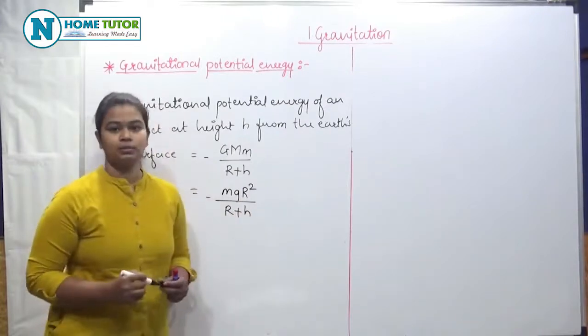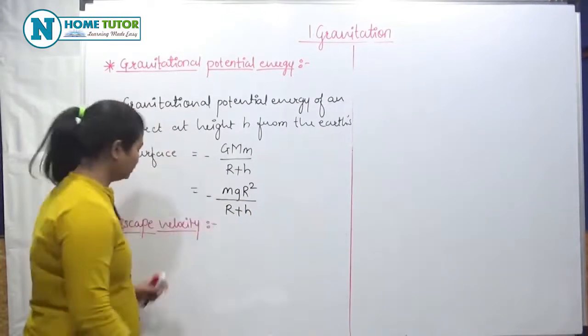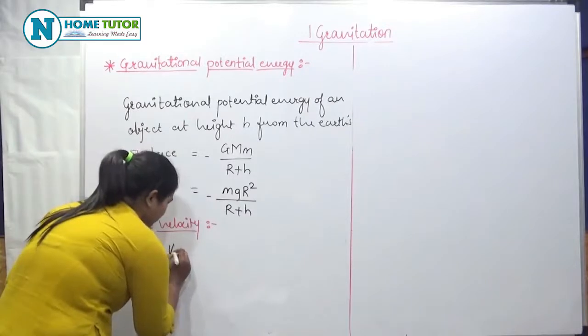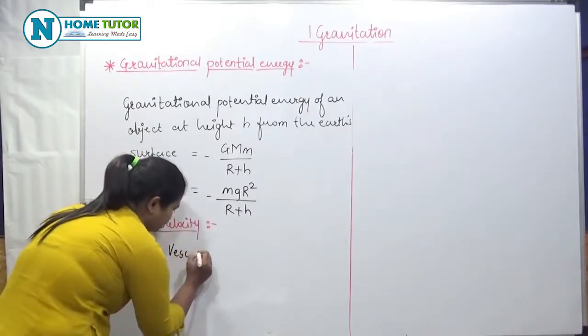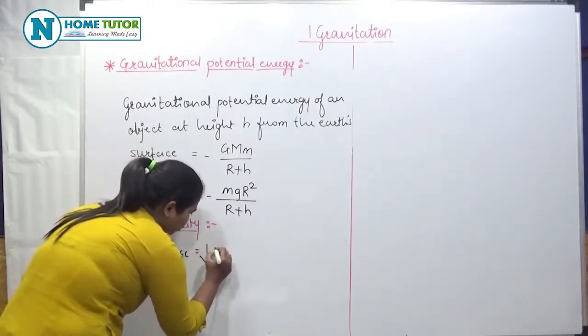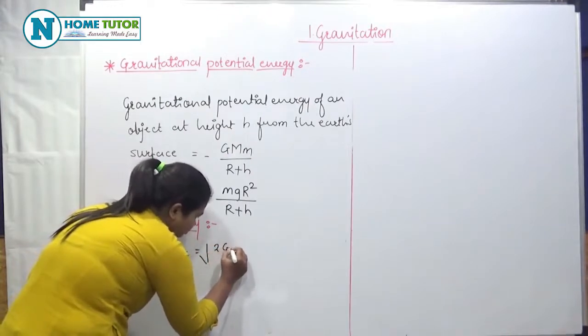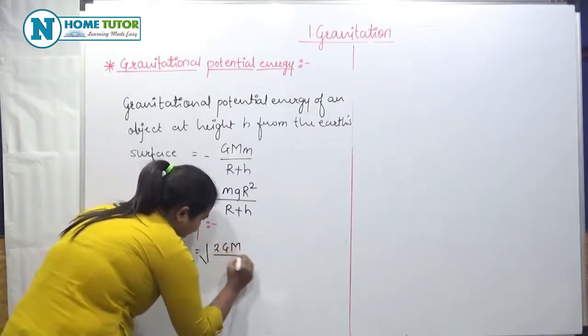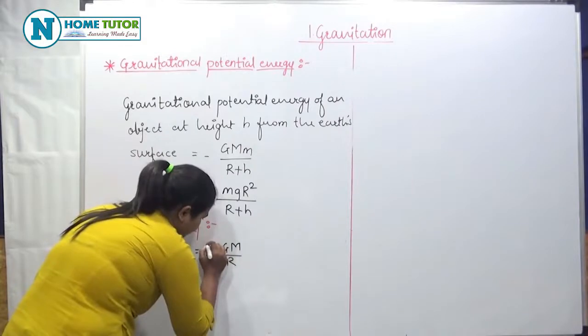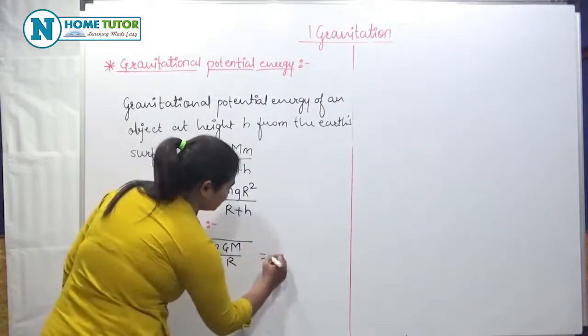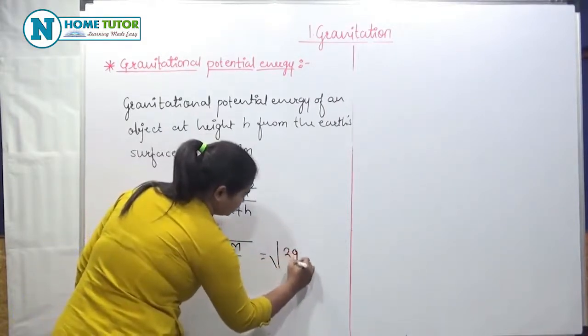Now let's talk about escape velocity. The escape velocity, that is V esc, is equal to square root of 2GM upon R, that is the square root of 2gR.